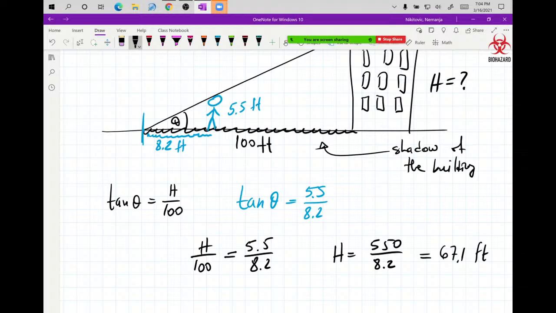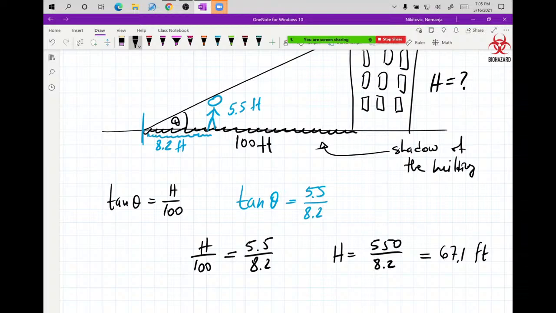So apartment buildings usually 8 plus the thickness of the floor, so call it 10. So 10 per floor, and a little bit more than 10, maybe 12, because you have to fit the plumbing through each floor and all that stuff. Anyway, so yeah, this would be about a 5-story high building on this height.